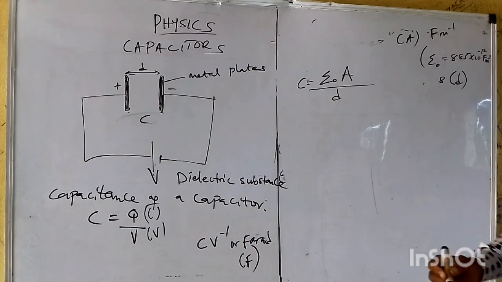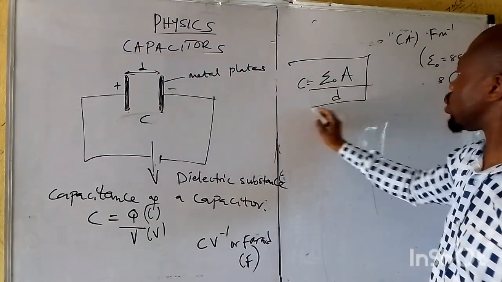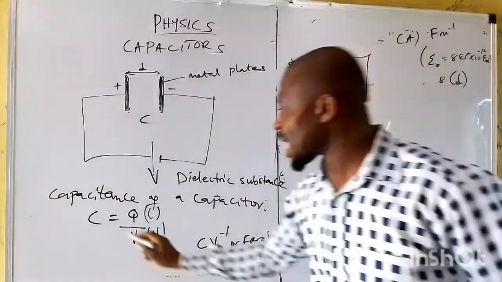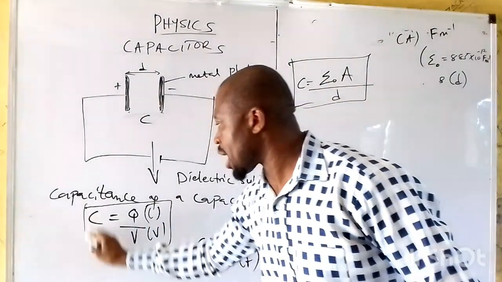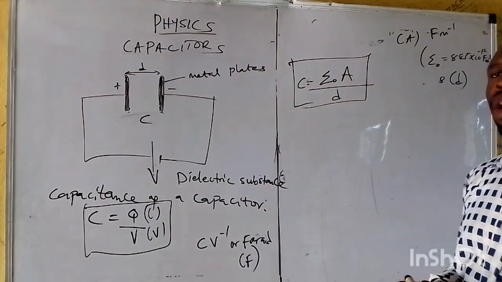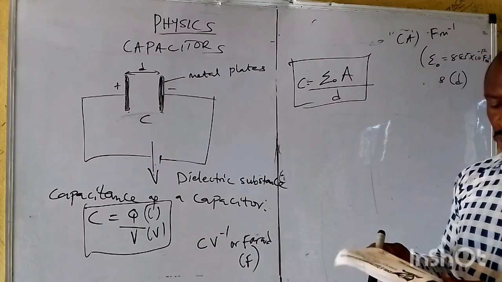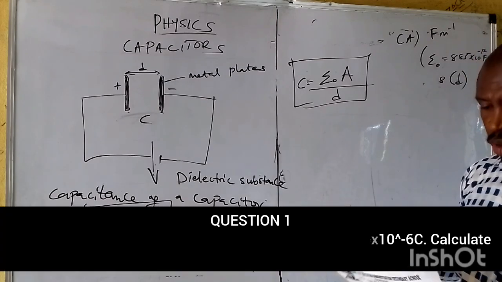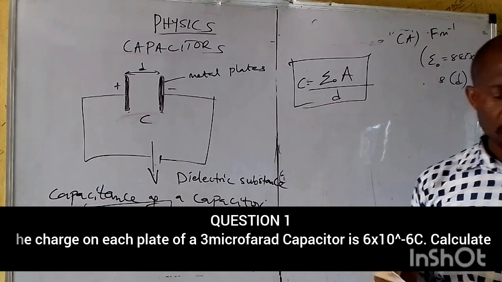Now we have two equations for calculating the capacitance of a capacitor. So let us take one or two calculations to buttress our information.